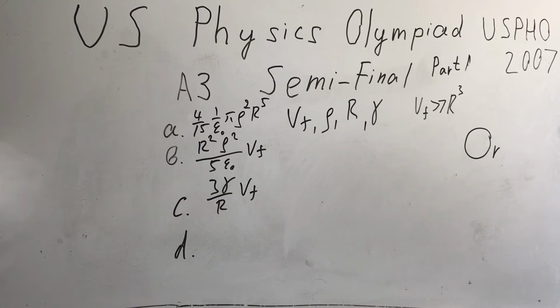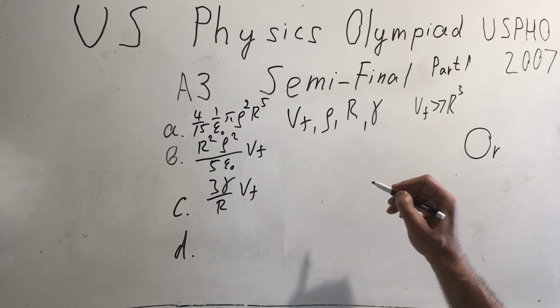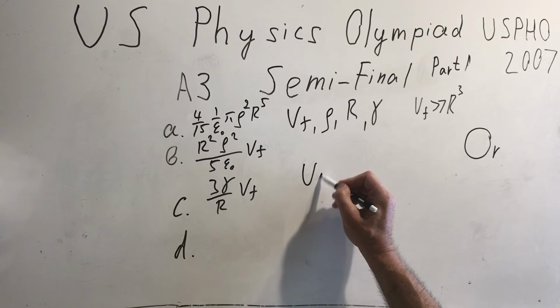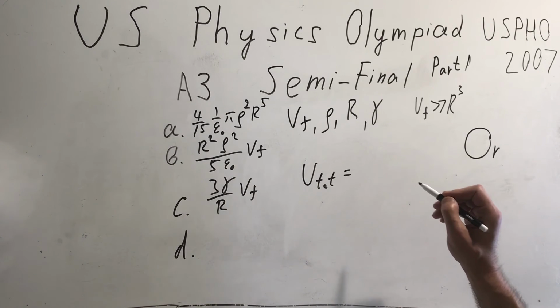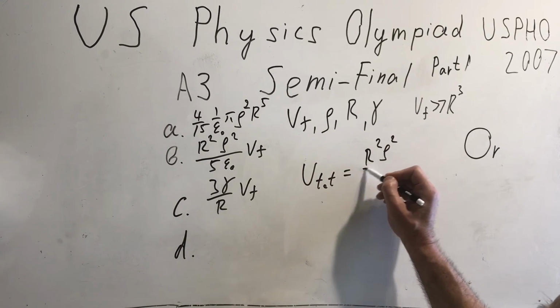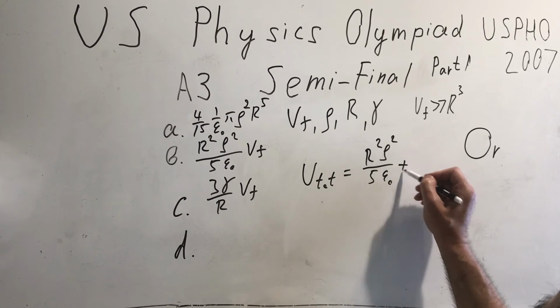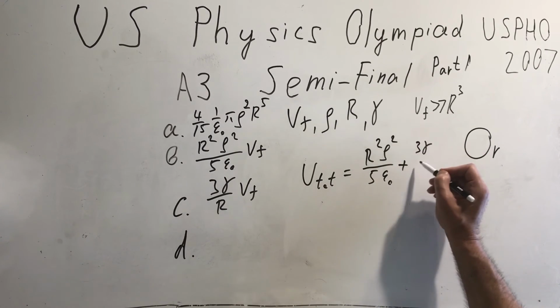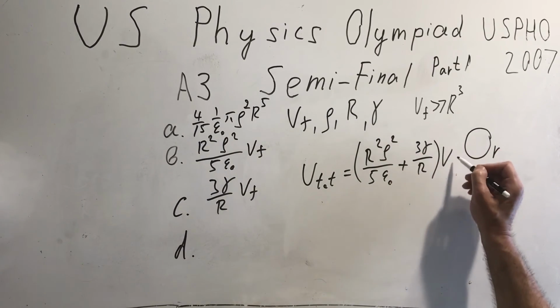We know that the total potential energy of electric forces and surface tension will be U total equals R squared ρ squared over 5 epsilon 0 plus 3 gamma over R, multiplied by V final.